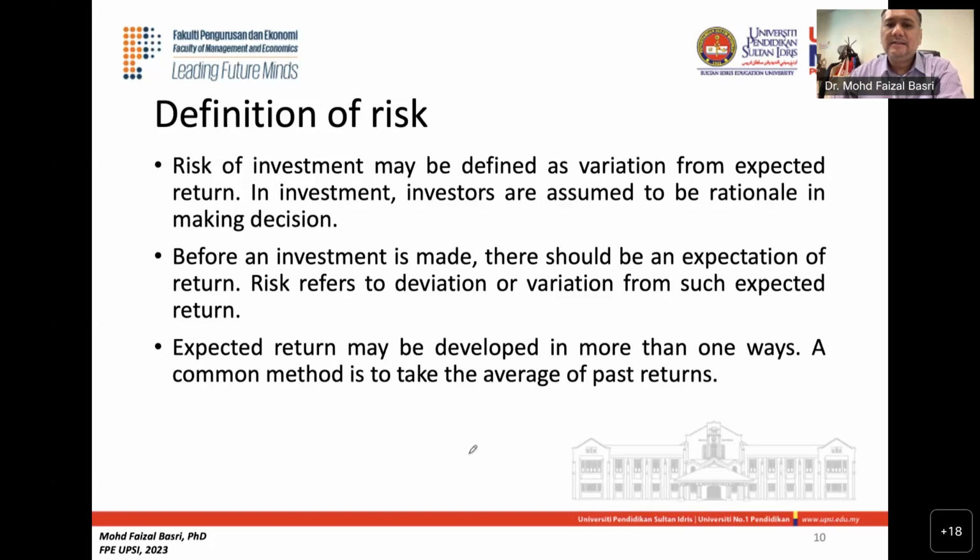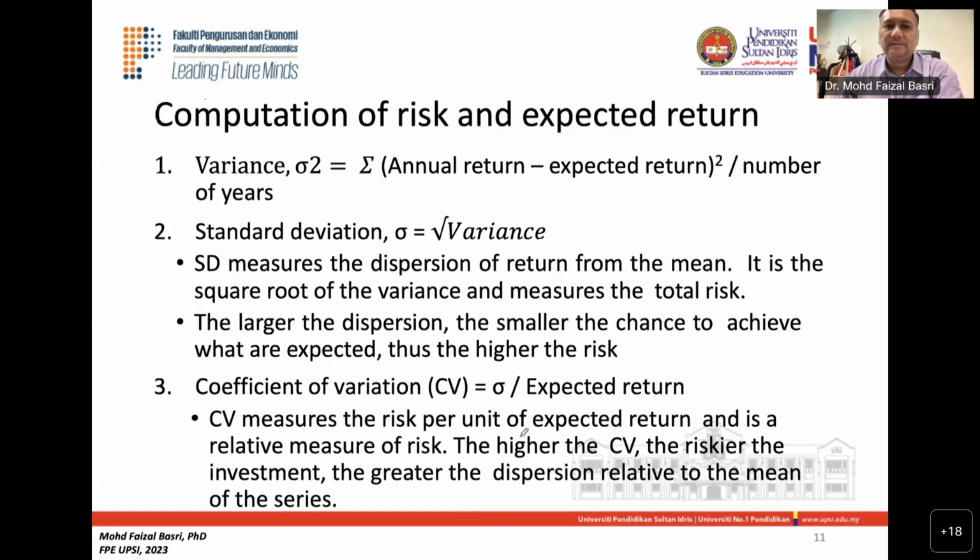Okay, and this is one of the common methods, again, to measure the average of the past returns, using the risk factor as part of our measurement. So expected return is another word for the average return, based on our measurement.